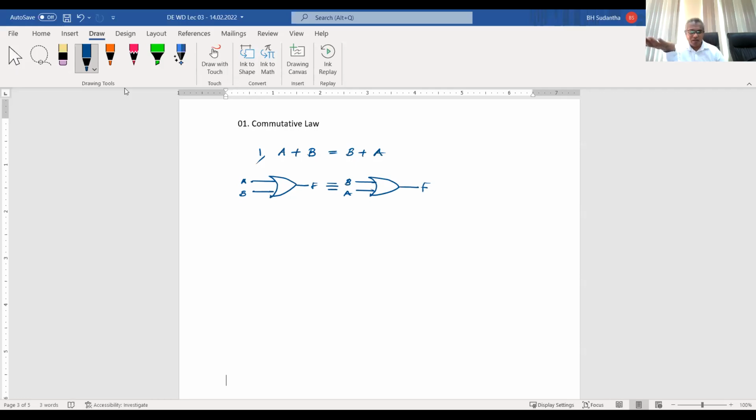You may wonder why it is necessary to state this one, but yes, this is what the law says. When you are free to do that, you can do it. The second part is targeting the AND operation. A AND B equals B AND A. Then it's for the AND gate.